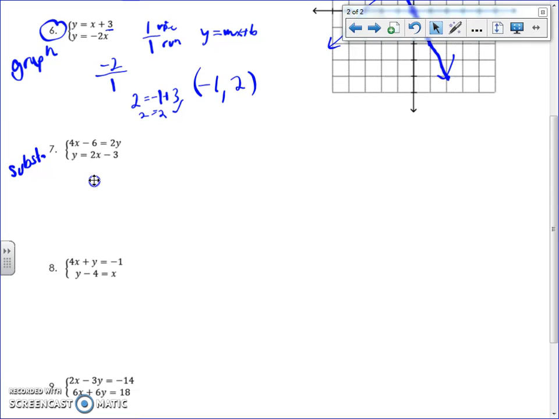So for this problem, I would have 4x minus 6 equals 2, and instead of y, I'm going to substitute 2x minus 3, since y is equal to 2x minus 3. When I simplify this, I get 4x minus 6 equals 4x minus 6. These are the same, so this problem actually has infinitely many solutions.